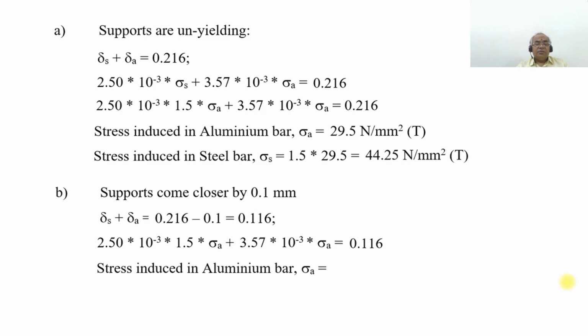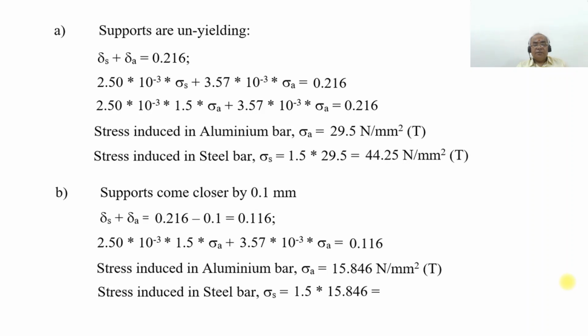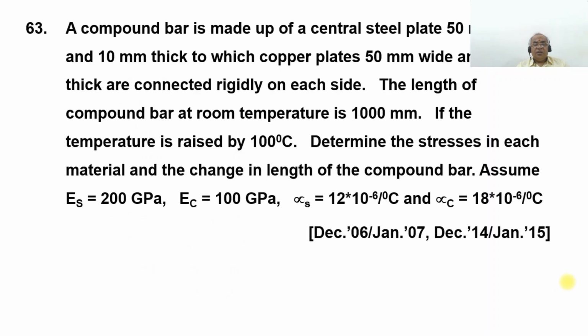On simplification, the stress induced in the aluminium bar, sigma A, is 15.846 Newton per mm square. Again, it is tensile. The stress induced in the steel bar, sigma S, will be 1.5 times sigma A, 1.5 into 15.846, which is 23.77 Newton per mm square, again tensile. So this is how you will be able to solve these problems.